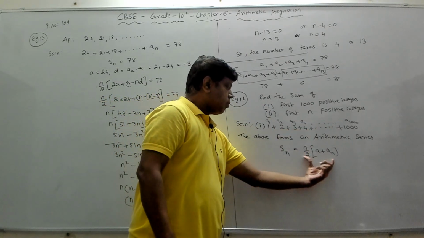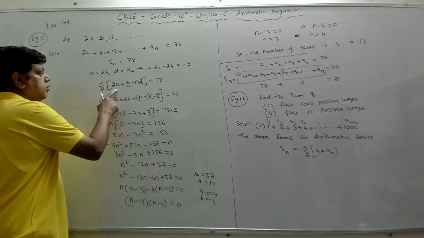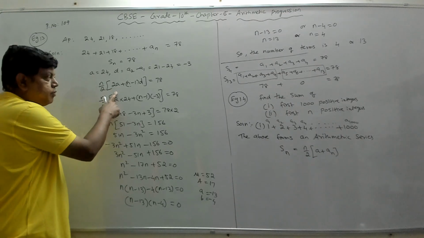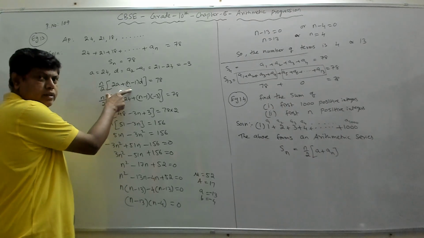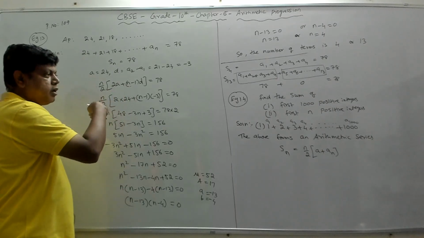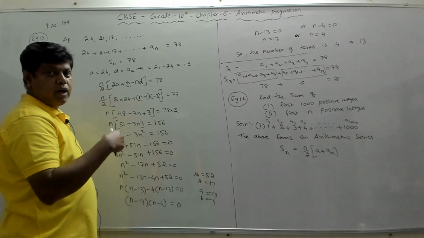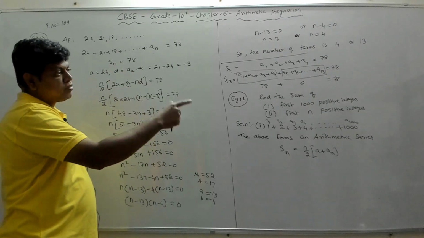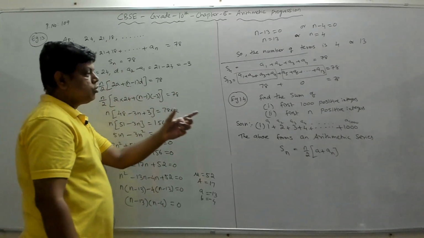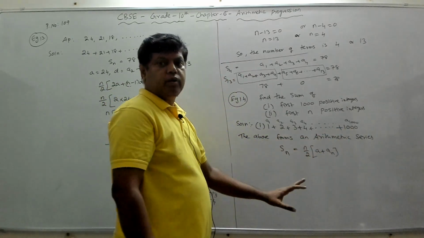So we can use this formula instead of the other formula. We'll still get the same answer. This other formula can be used for any AP or any arithmetic series, whether you know your last term or not. But if you know the last term, we can use this formula, which is easy to use.